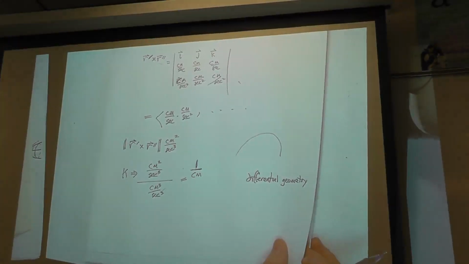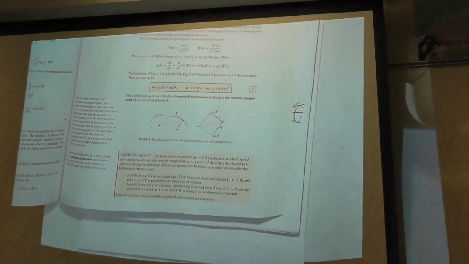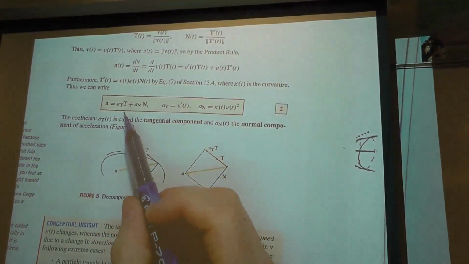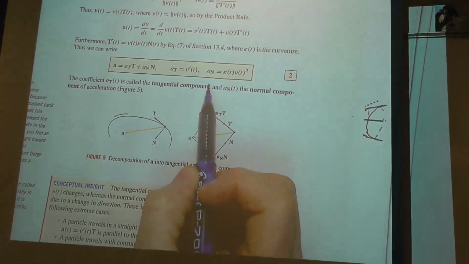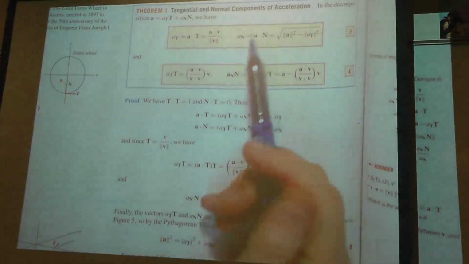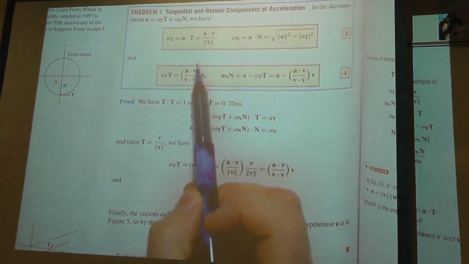One thing I mentioned last time was this formula, which takes a look at the components of the tangential and normal vectors. If you turn the pages in the book, you get alternate formulas to compute these components.